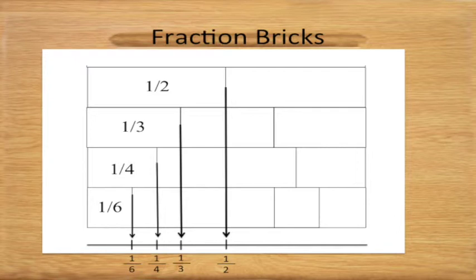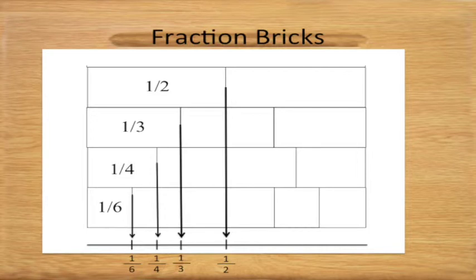As seen in the video, we have taken the interval from 0 to 1 and partitioned it according to the standards. So now let's look at this picture of fraction bricks where we have partitioned the equal unit into halves, thirds, fourths, and sixths.